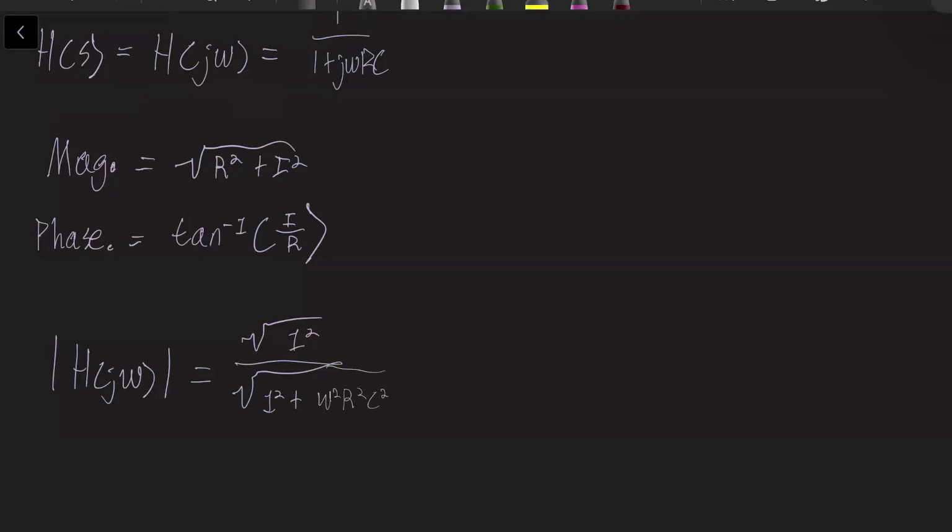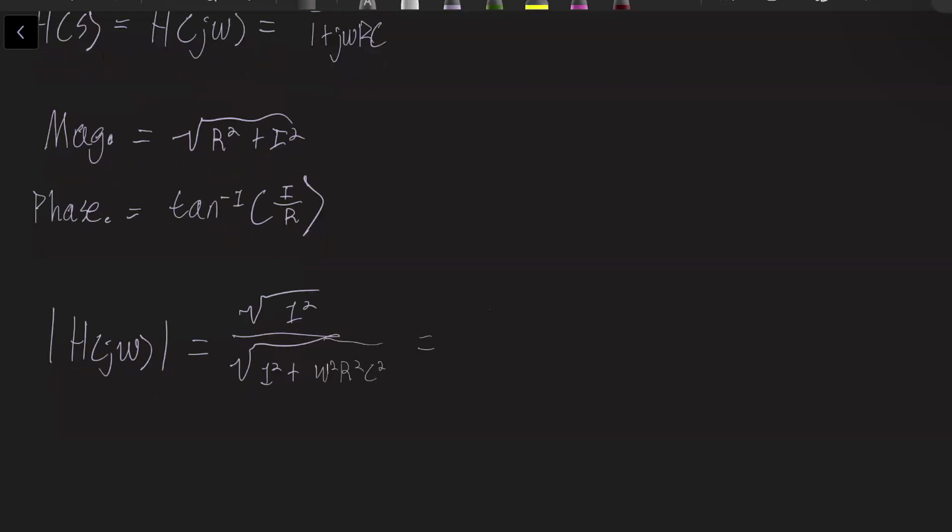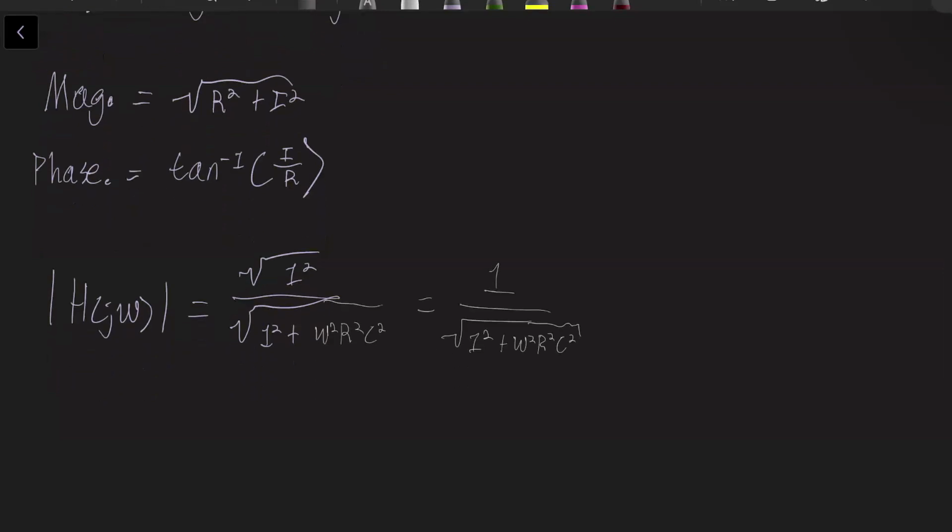Once we have this equation, we can simplify a little bit. So our numerator is just going to be 1. Our denominator, we're going to have 1 squared plus omega squared R squared C squared. Now, in order to actually plot it on our Bode plot, we want to find the gain in decibels, right? So if we just plug in our omega to what we have right now, this would give us our linear gain.